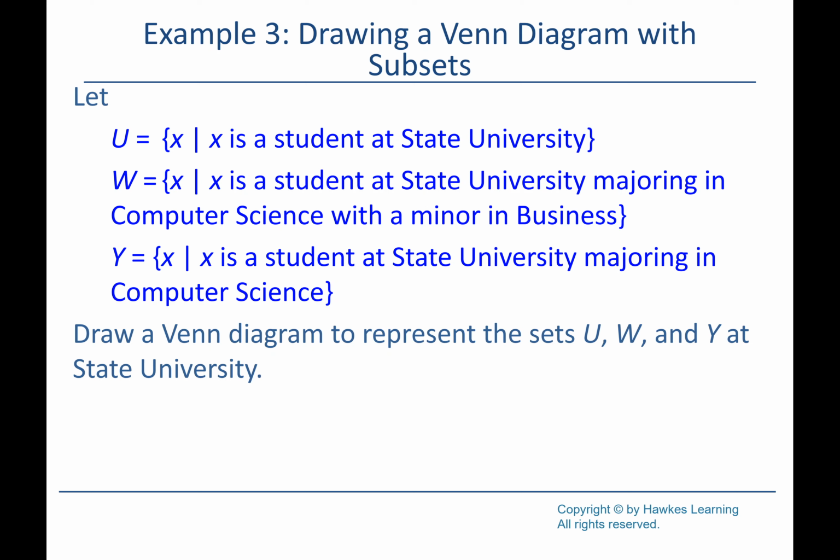And then set Y is a set of students at State University majoring in computer science. So if we're going to draw this Venn diagram, we have to think about our relationship between W and Y. Which one's going to be a smaller group, W or Y?